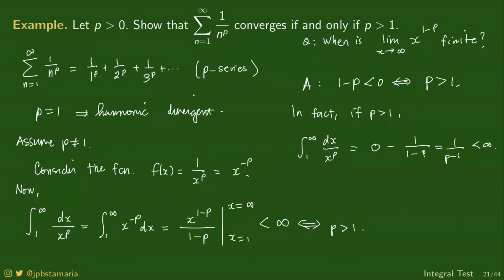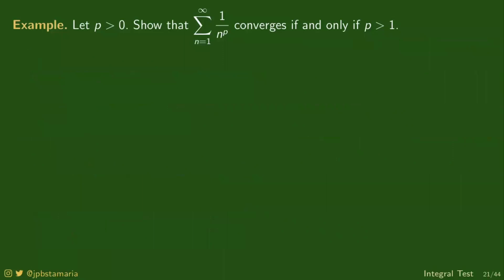For example, I will give you an example. Tell me if it is convergent or divergent. Let's say I have the summation of 1 over the square root of n. Is this convergent or divergent?